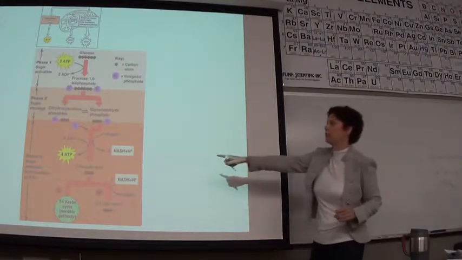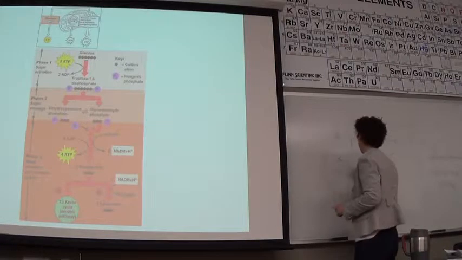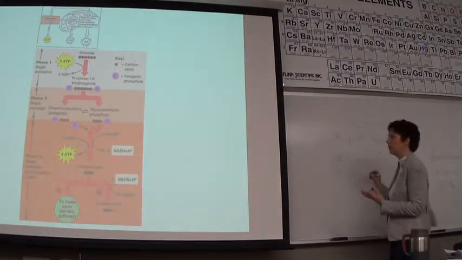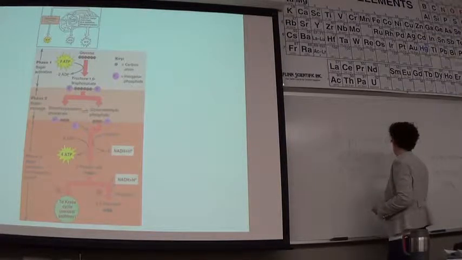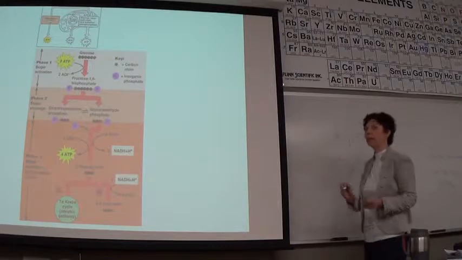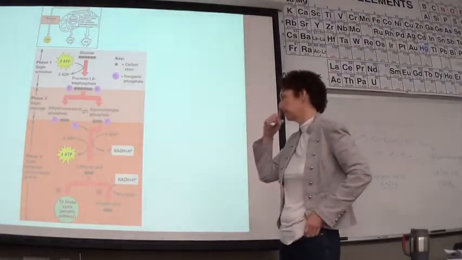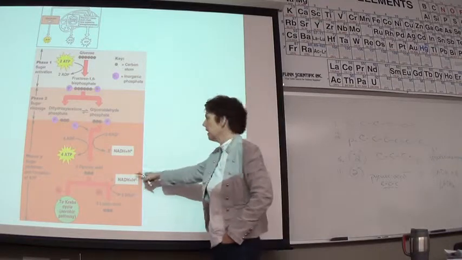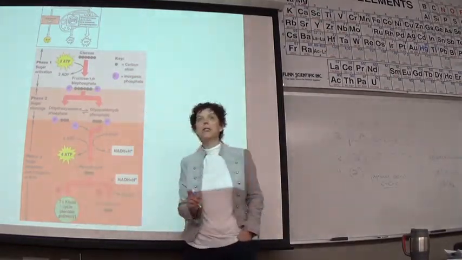With the loss of hydrogen, we still have 3 carbons. We haven't lost a carbon. Now we have 2 molecules of pyruvate or pyruvic acid. We still have all of our carbons and our oxygens, okay? And now, if oxygen is present, we go to the intermediate step.